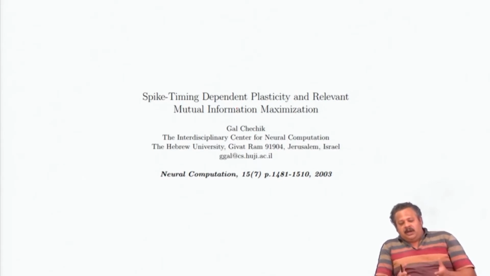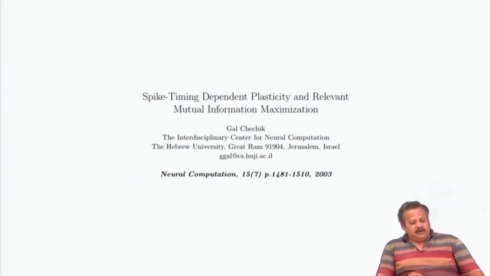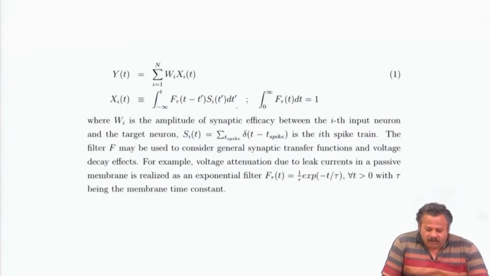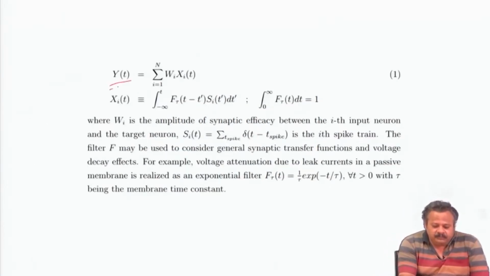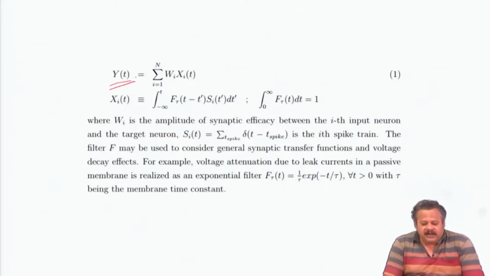Here, what learning rule emerges? We find that it is indeed the Hebbian plasticity rule, the spike timing dependent plasticity rule, that emerges out of these theoretical principles. So the way the problem is set up is that we have an output as a function of time, y(t).